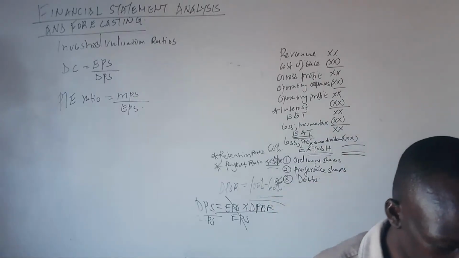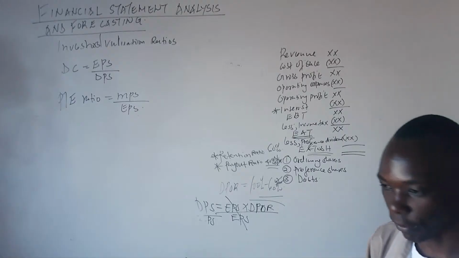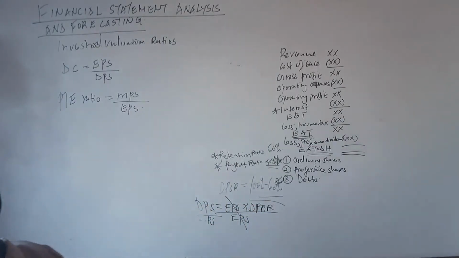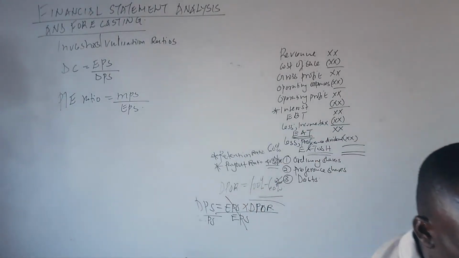So that's how you do the ratios under the valuation ratios. Under the valuation ratios, there are 7 of them. Number 1, the EPS. Number 2, the DPS. Number 3, earning yield.